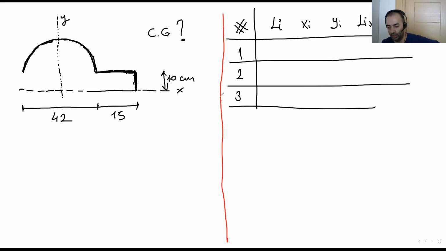Okay. Here, if we have a look at the half circle, we can calculate the total perimeter of a circle, and then since we have a half circle, divide it by 2 and get the half circle perimeter length.